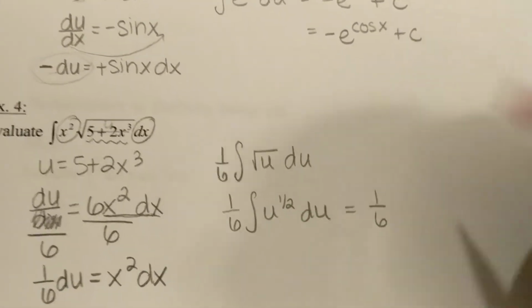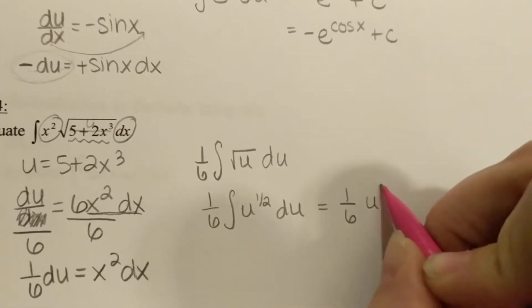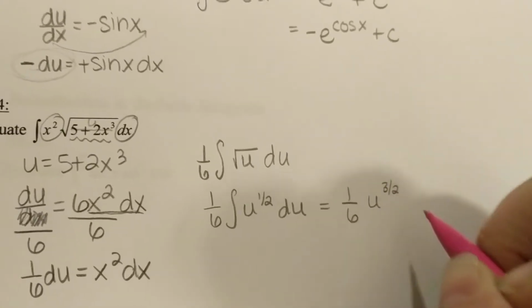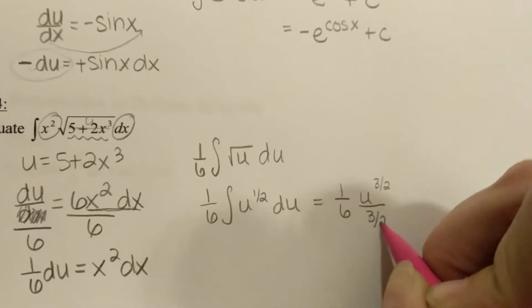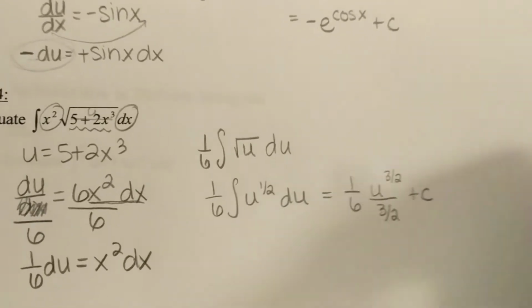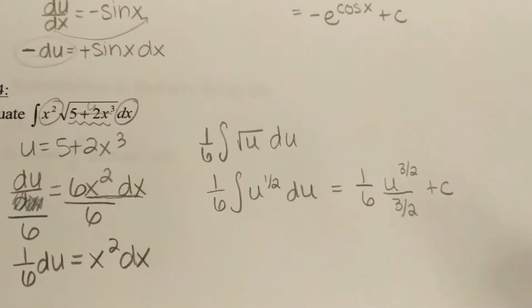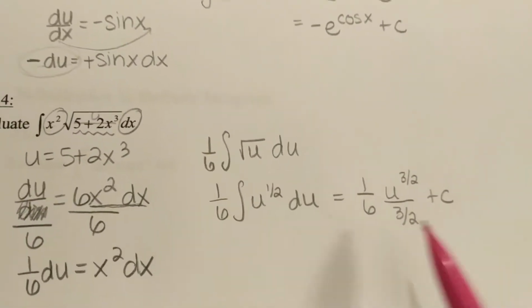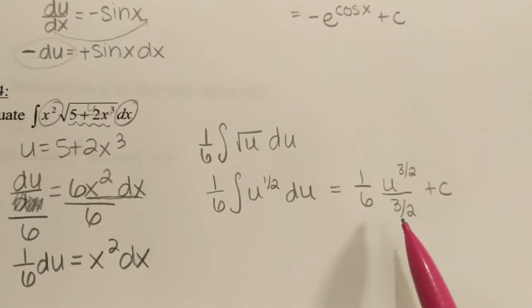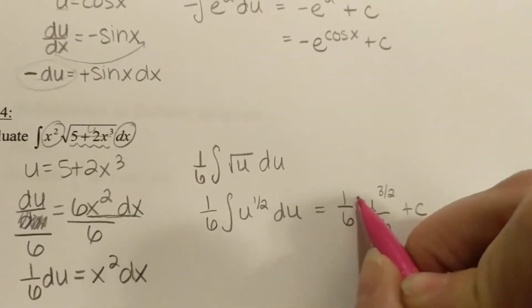When we do this u to the 1/2, we have to add 1 to the exponent, so that's going to be to the 3/2. And then we divide by 3/2 plus c. When we divide by 3/2, that's the same thing as multiplying by the reciprocal, so multiplying by 2/3.